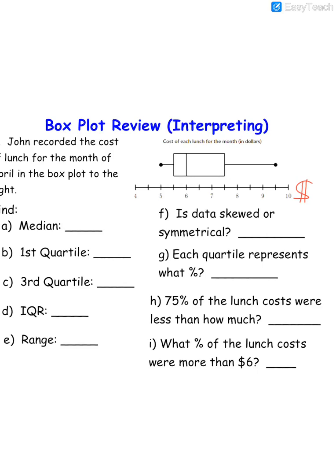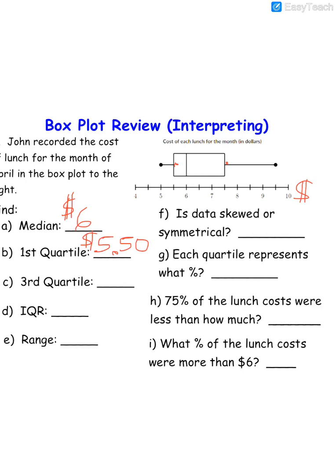What is the median? That's the middle line in the center of the box, and that goes down to the number 6. So $6. My first quartile is here where the box starts, and it's in between 5 and 6, so I'm going to call that $5.50.